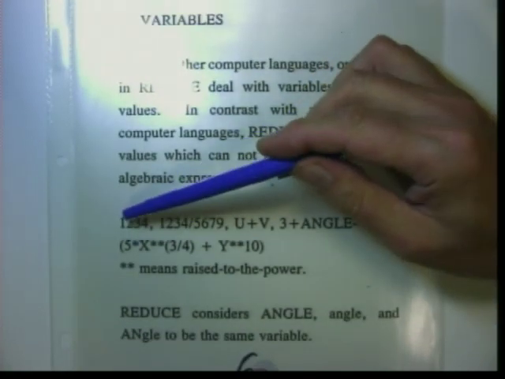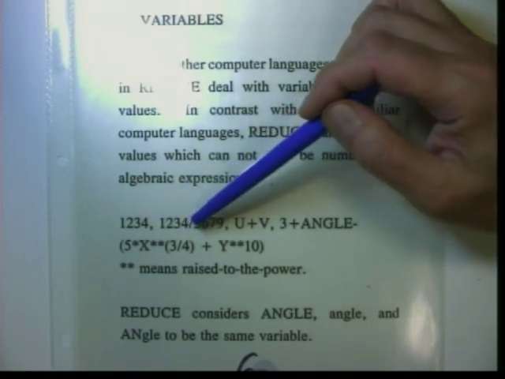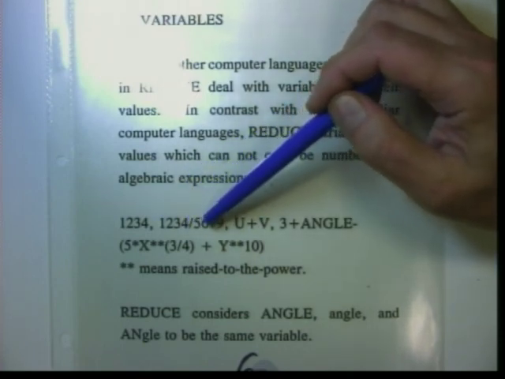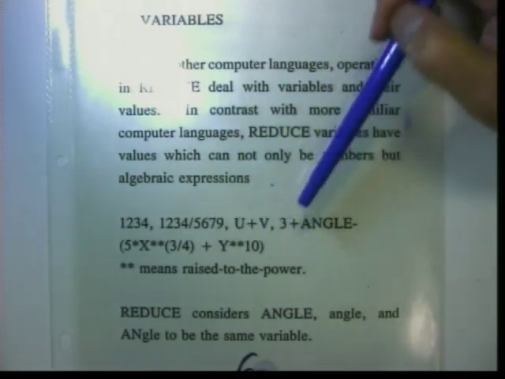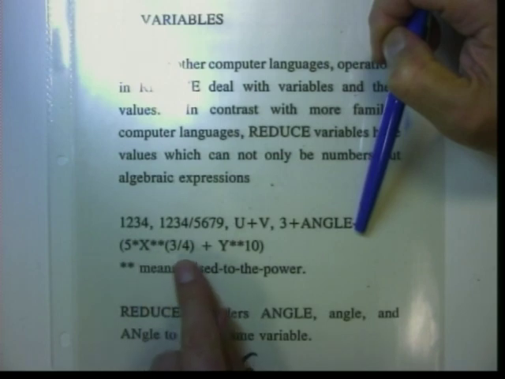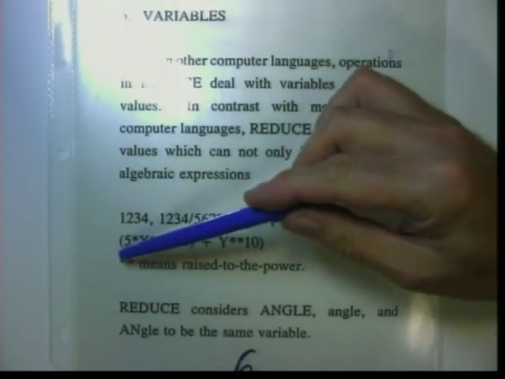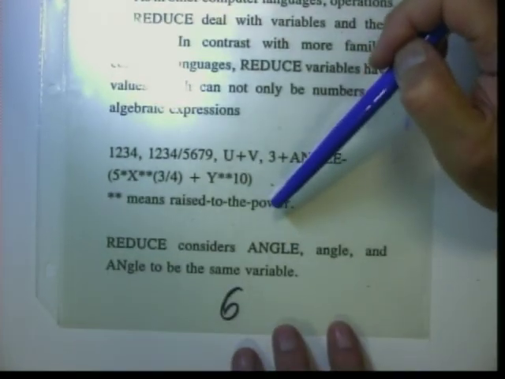For example, 1234 or 1234 divided by 5679, u plus v, 3 plus angle minus 5x to the power 3/4 plus y to the power 10. These two stars mean raised to the power.